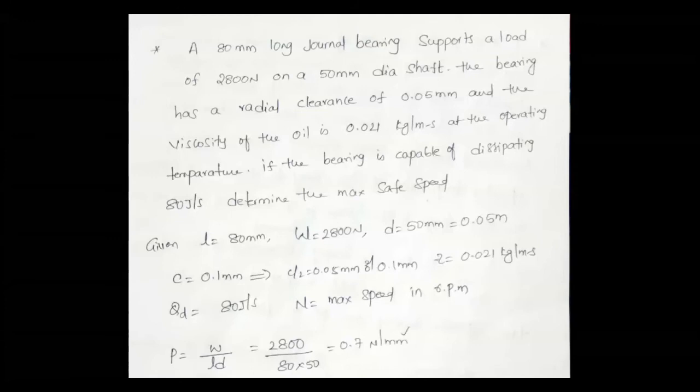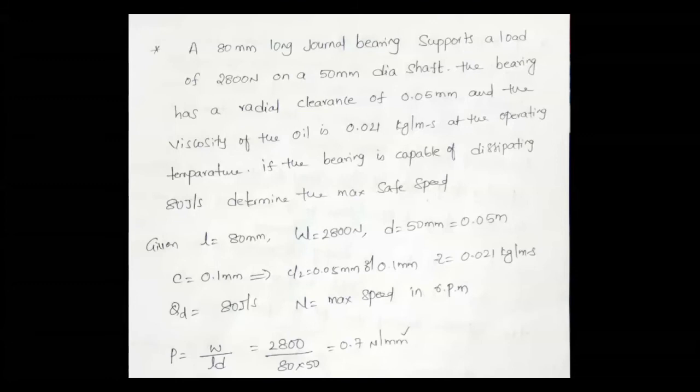The radial clearance value is given. We have a symbol for radial clearance, C, or C1, your choice. You can take the C value as 0.1 mm.